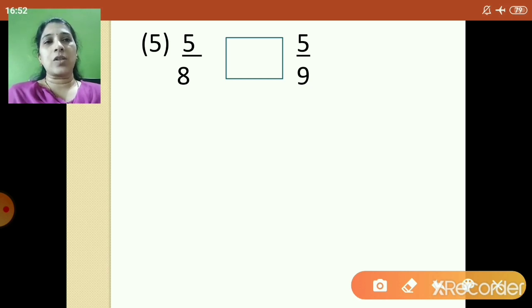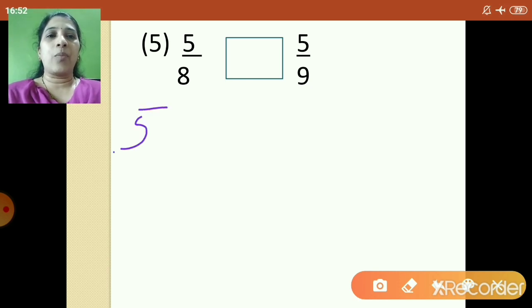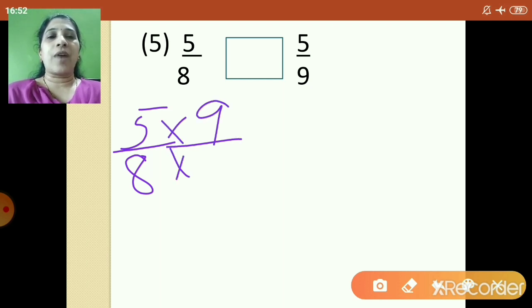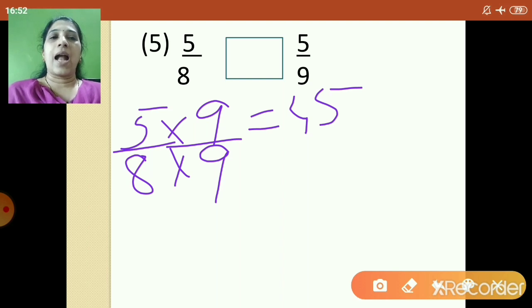Carry out cross multiplication. You will write 5 upon 8, and I will take the other denominator, that is 9. So 5 into 9 upon 8 into 9. What is 5 nines? 5 nines are 45. And what is 8 nines? 8 nines are 72.